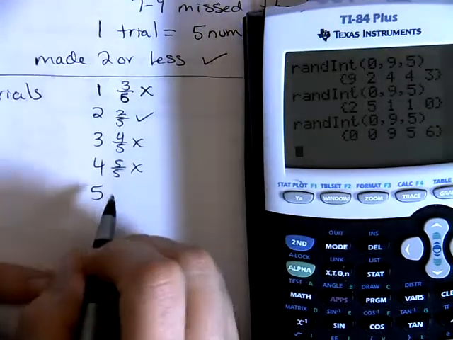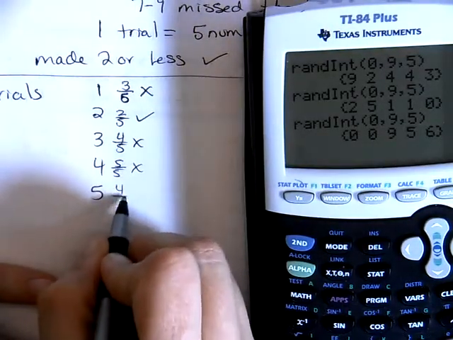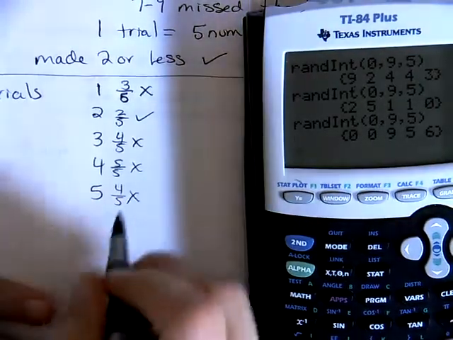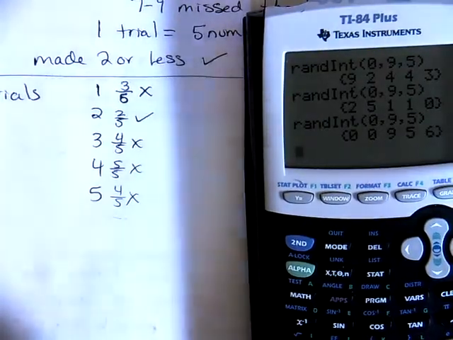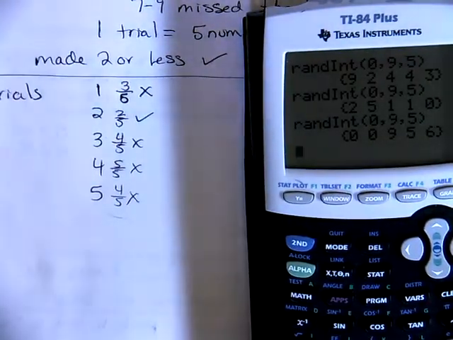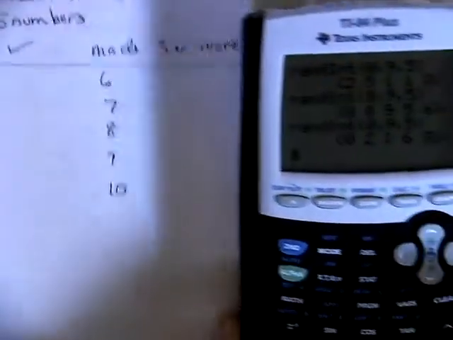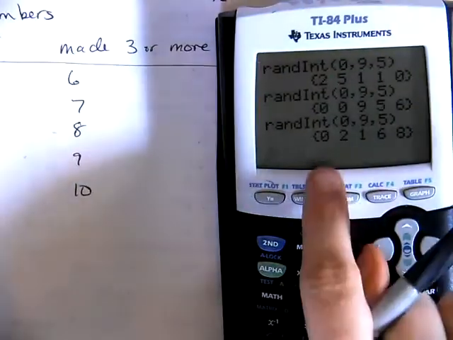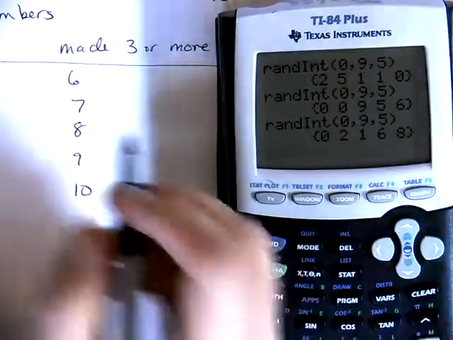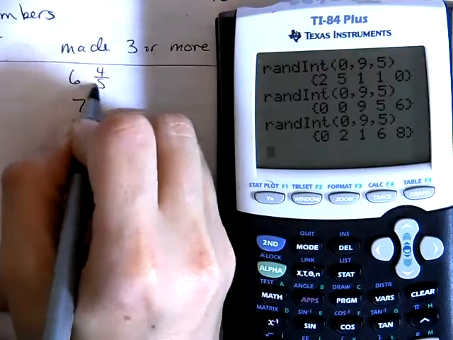X. 4 out of 5 here, so X. Oh, no, 4 out of 5. I was counting 6. Okay, I'm going to keep going. Trial 6, she made all of them except for the last one.